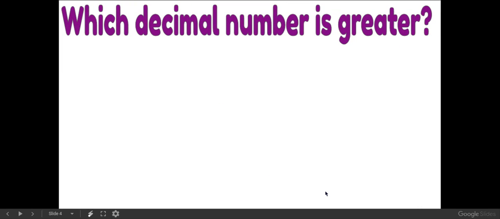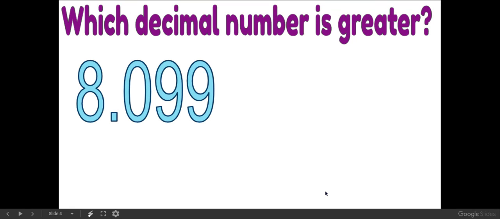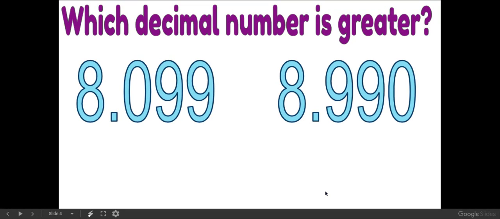So we're going to start by comparing some decimal numbers to see which one is greater. So we have 8 and 99 thousandths, 8 and 99 hundredths. We can kind of ignore this 0 because it doesn't mean anything. It's not like with a whole number. There's 0 thousandths, so we don't have to read it.